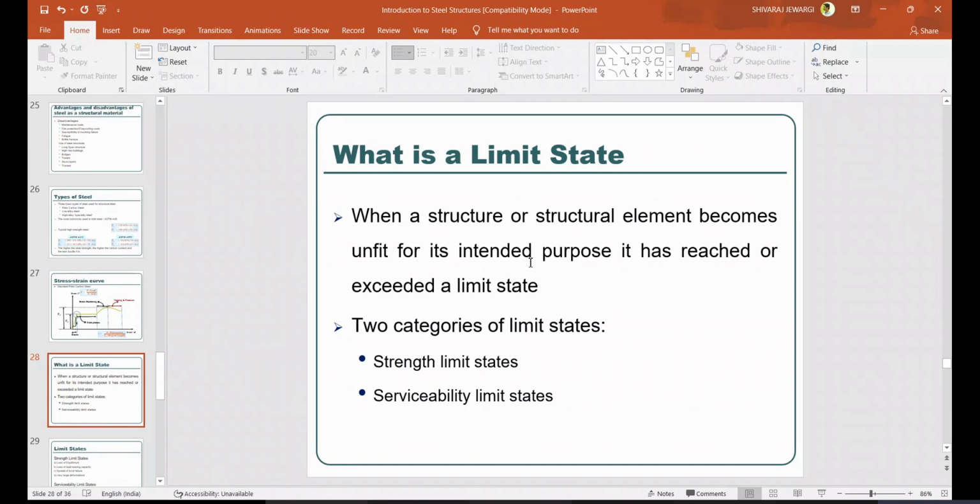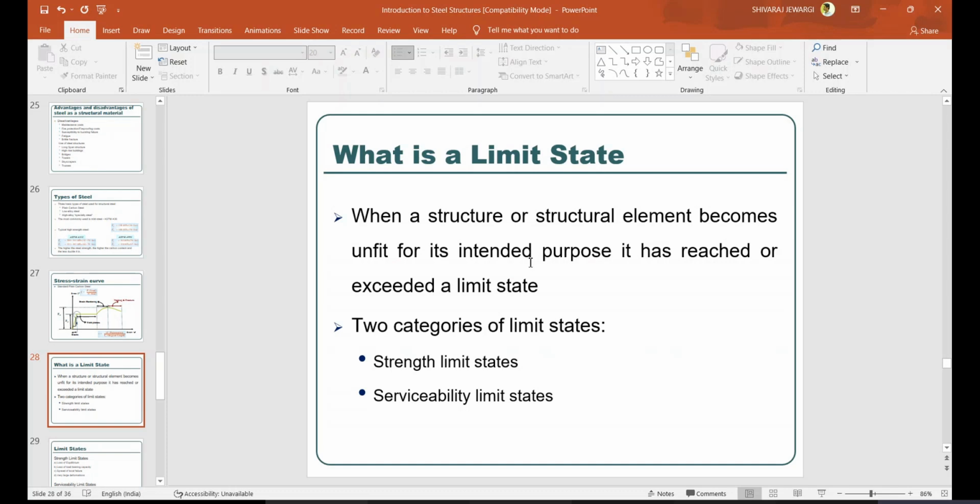In the working stress method, the material strength performance is not guaranteed, and it leads to uneconomical structures. It only takes care of the material strength, not the loads. In the ultimate load method, they concentrate only on the loads, multiplying by the partial safety factor, and it does not guarantee the material strength performance.